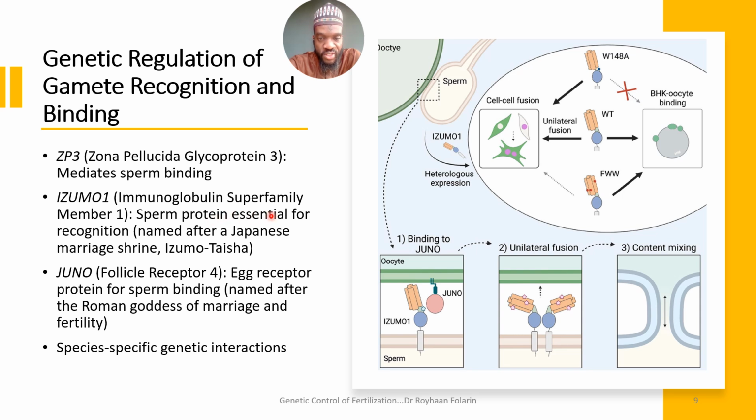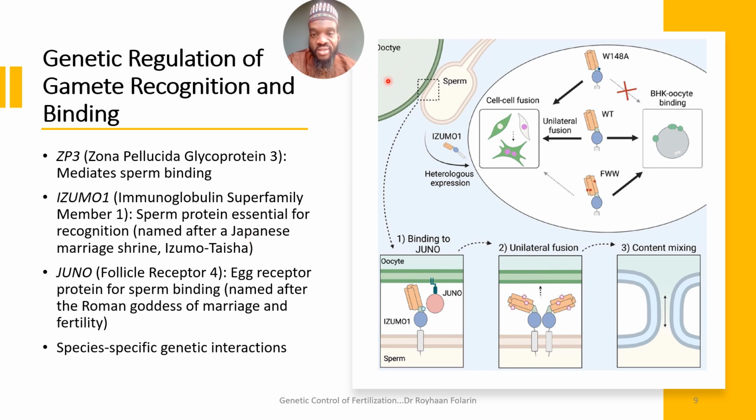It's a sperm protein that is essential for the sperm recognizing the egg. It's located on the sperm, and it's named after a Japanese marriage shrine, Izumo Taisha. So don't be surprised that there is no Z in immunoglobulin superfamily member 1. Okay, so it's Izumo, a Japanese word apparently.